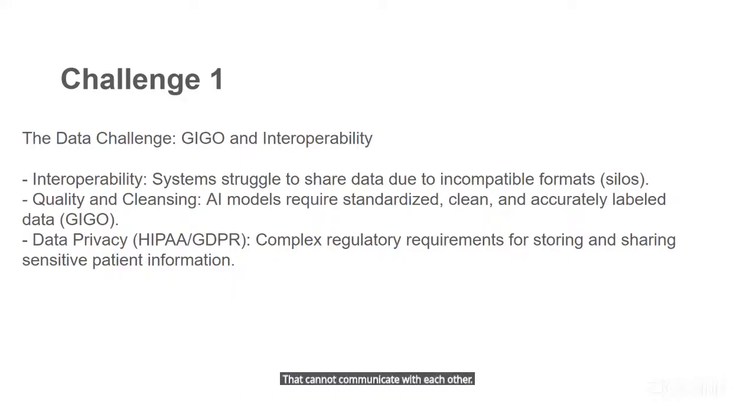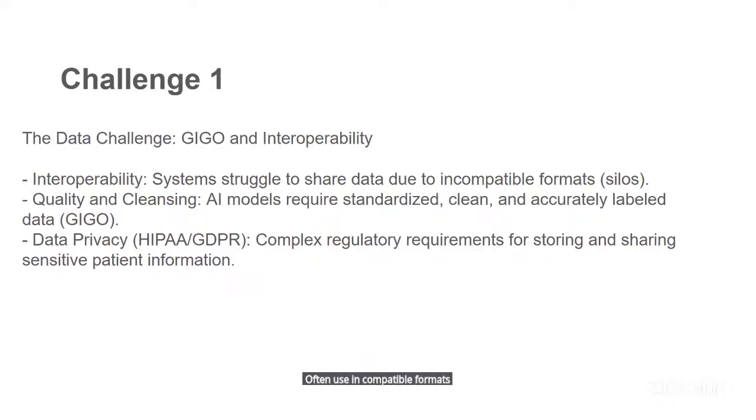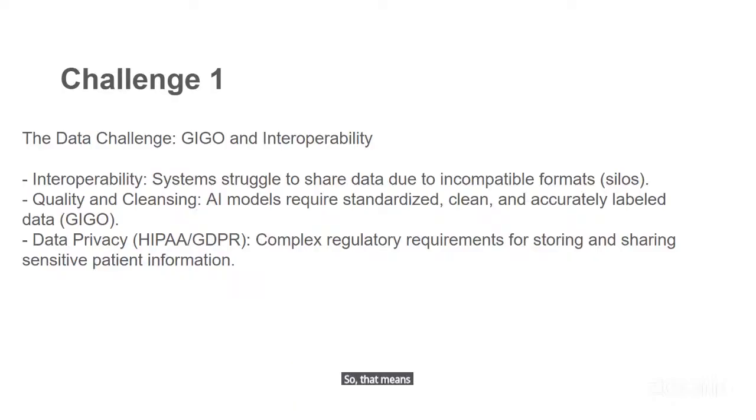Electronic health records, lab systems, imaging platforms, and insurance databases often use incompatible formats, as we know. So this creates data silos where valuable patient information is fragmented across multiple systems. So that means when systems cannot share data, AI only sees part of the patient story.